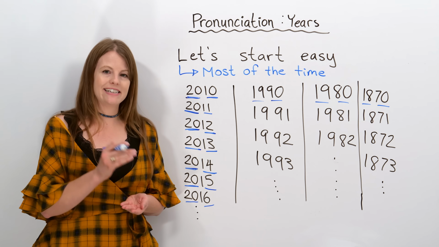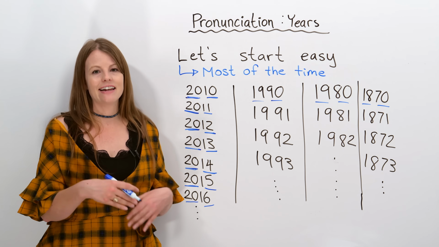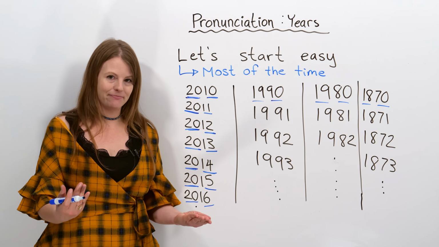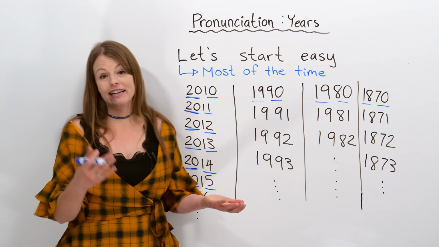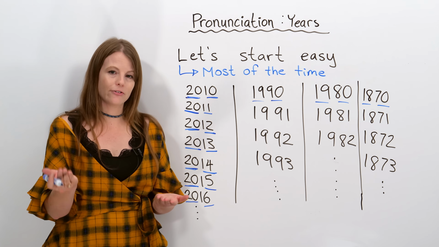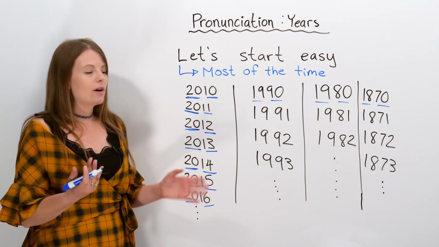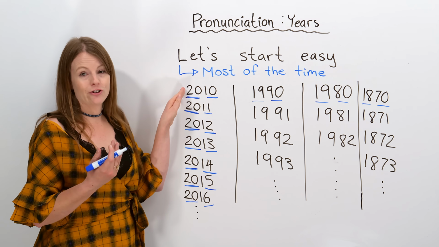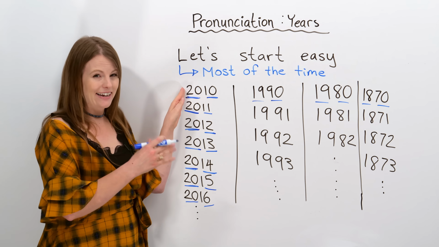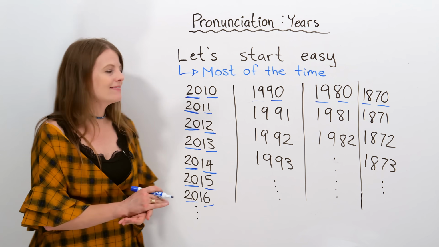Twenty seventeen, twenty eighteen, twenty nineteen, and then twenty twenty. We can keep going. Twenty twenty-one, twenty twenty-two, twenty twenty-three. I think you understand the picture. So that's what's happening after 2010. So anytime after 2010, remember, it's easy.